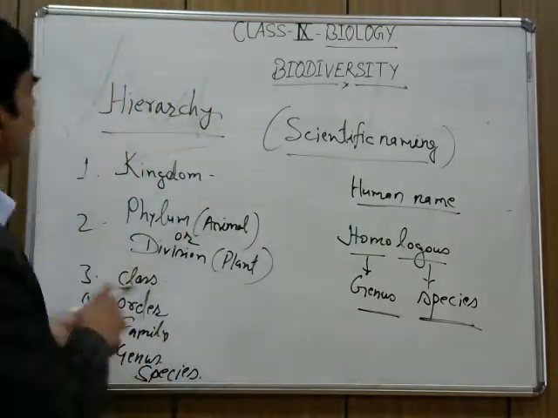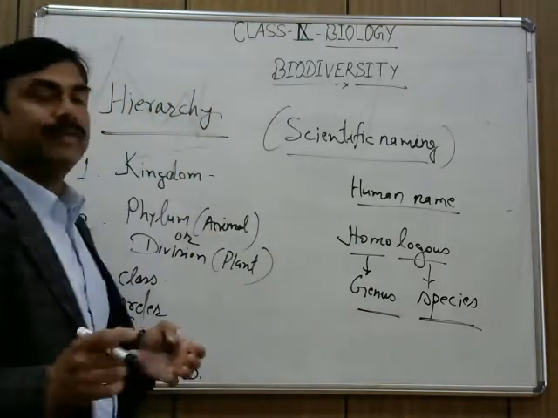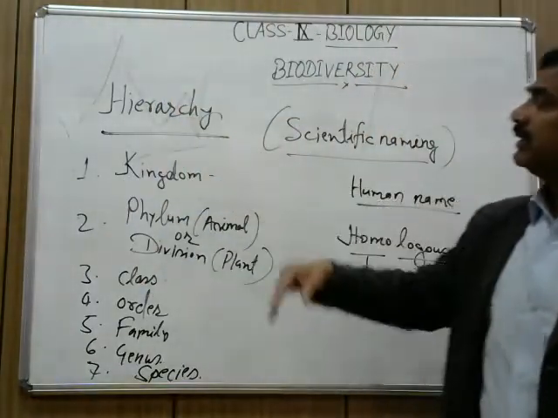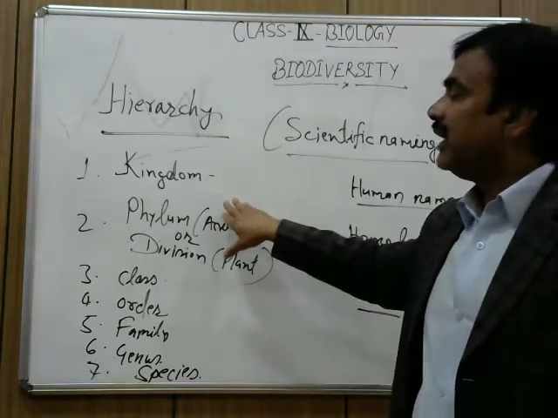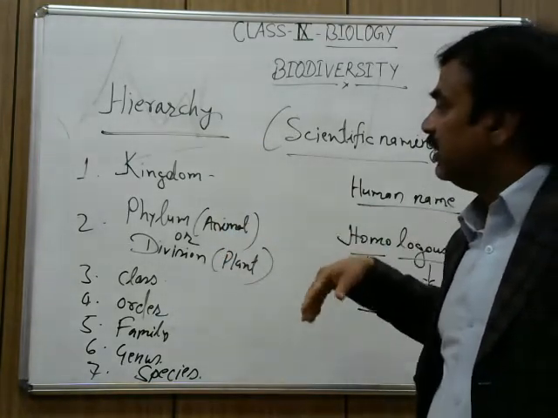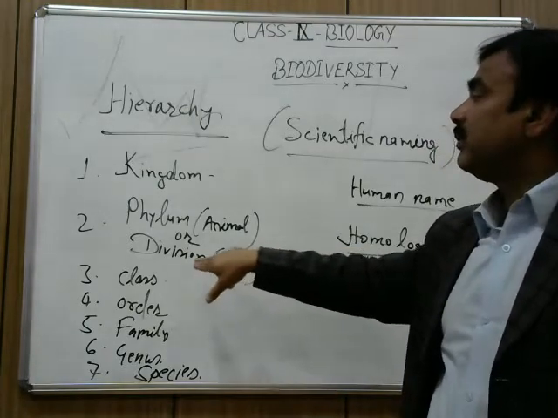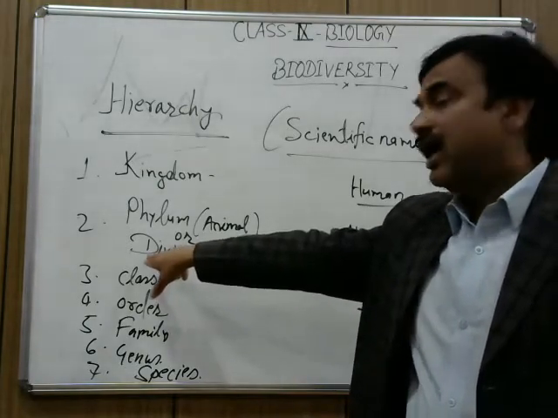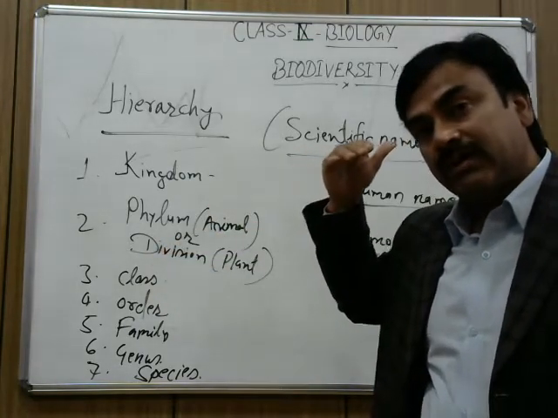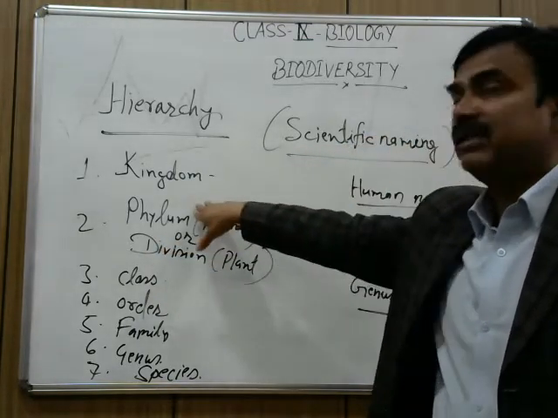So when we start the hierarchy, the one written first is the kingdom. The second one after kingdom is the phylum, which phylum it belongs to, whether it is plant or animal. When we write about plants, we mention the division, and when we write the classification of animals, we mention the phylum.